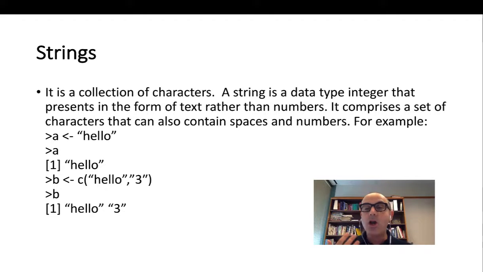A string is a collection of characters. So a string is a data type that is presented in the form of text rather than numbers. It comprises a set of characters that can contain spaces and numbers, for example, hello, and I can add to it hello plus 3, plus 4, etc.